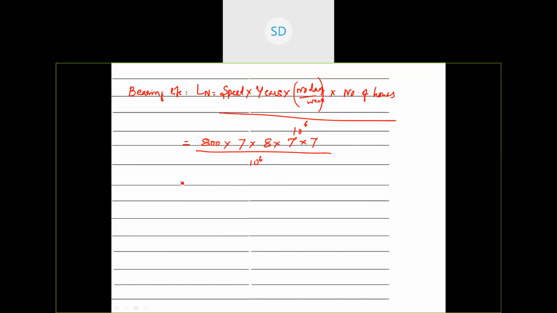Someone calculate and provide here. 2.1952.